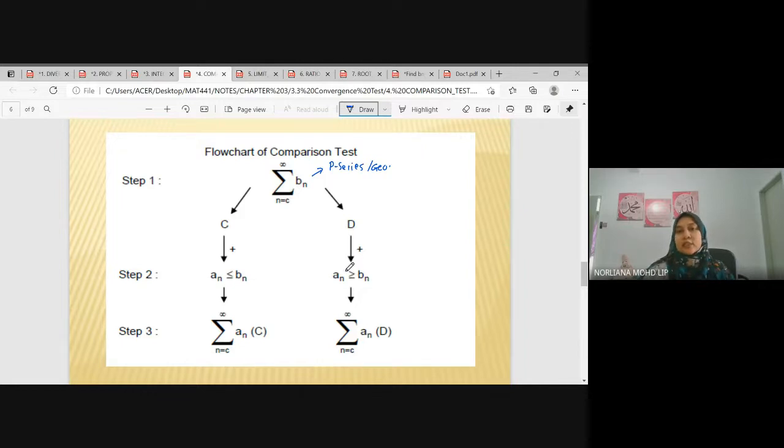For the second step you need to substitute a value of n, for example 1 or 2, to check whether An is greater or less than Bn. And then finally the conclusion: the series converges or diverges.